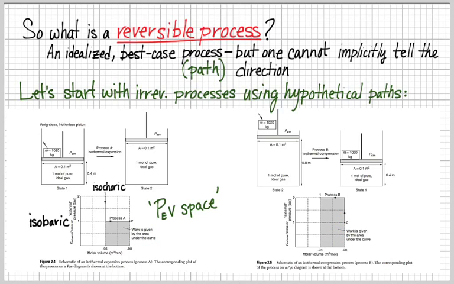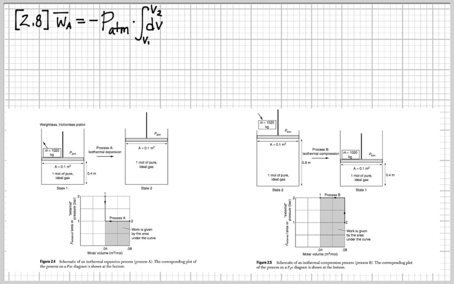So let's compare this where I start doing this as a calculation. If you look at equation 2.8, I'm going to have specific work for path A. The path A is process A, and you see that I have my integral for pressure and volume change, and at atmospheric conditions that's going to give me a total change of 4,000 joules per mole.